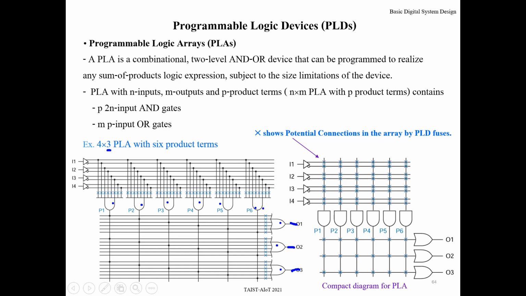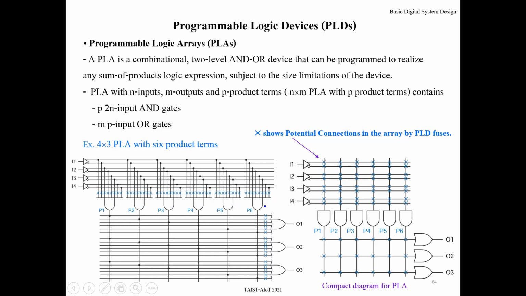That means you can implement the function with a maximum of 6 product terms. The product terms are determined by the number of AND gates, right? And the output of each AND gate goes to the OR gate. So the number of inputs of the OR gate equals the number of AND gates.